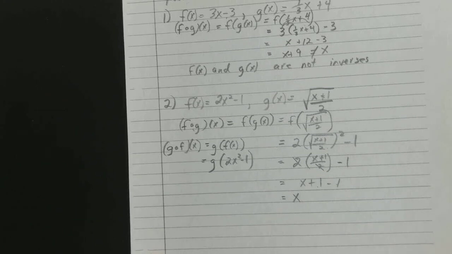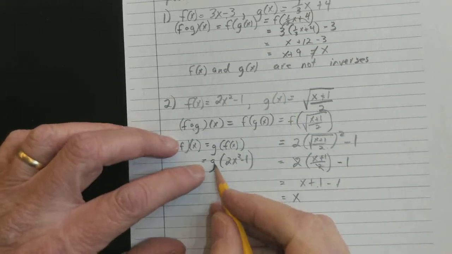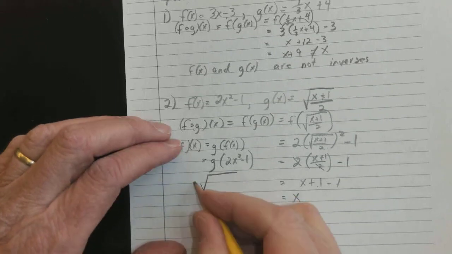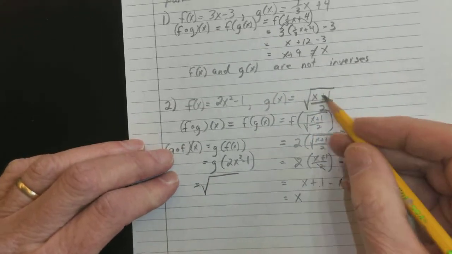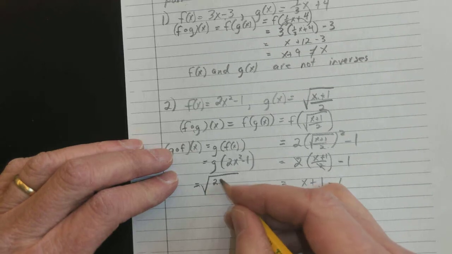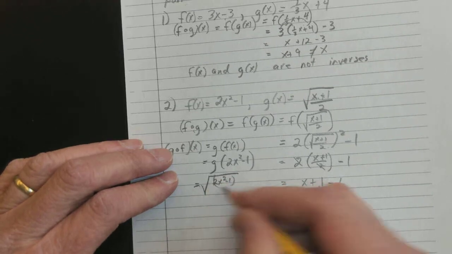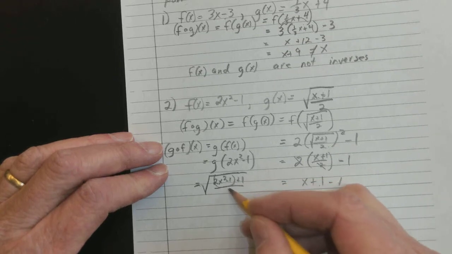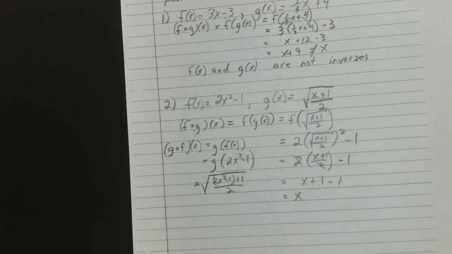Right? Taking the f of x out, putting 2x squared minus 1 in. And in the g function, it's under a square root. The x is right here, so that's where I'm going to put the 2x squared minus 1. And then I'm going to put the plus 1 here. And then the over 2 here. Right?